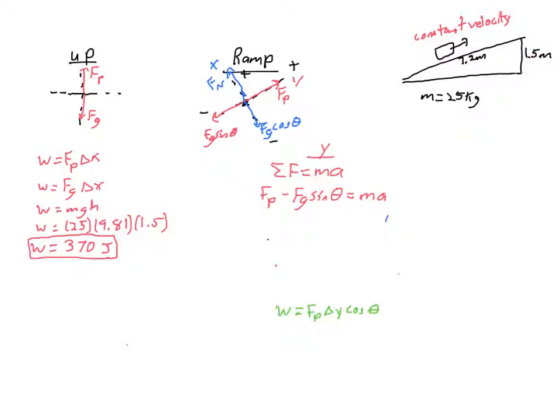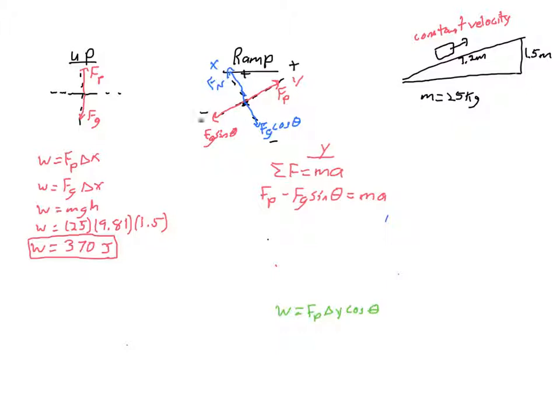Well, now that translates, Fg as mg, and my delta y is the height of the ramp. That equation looks very familiar. Now I've got mgh, right? And I come out with a work to lift something straight up 1.5 meters, the height of that ramp, 370 joules. And my curiosity is, do I do more or less work as I push something up the length of that ramp? Now the length of the ramp is 7.2 meters.